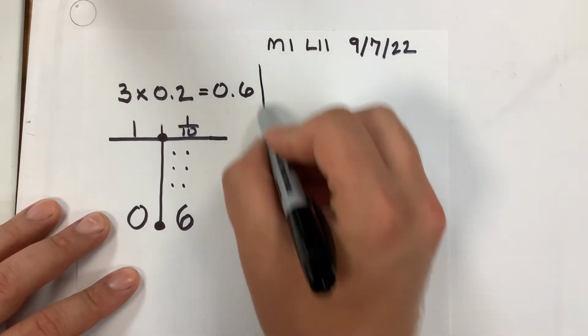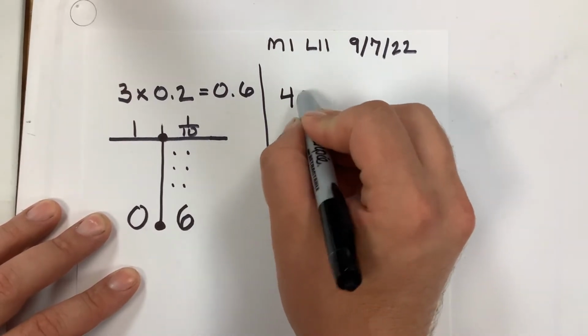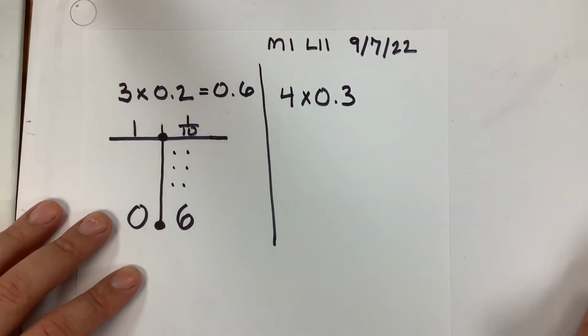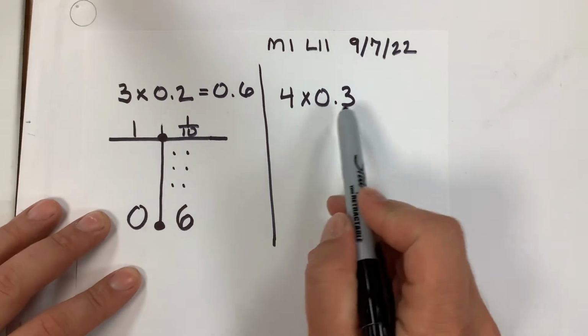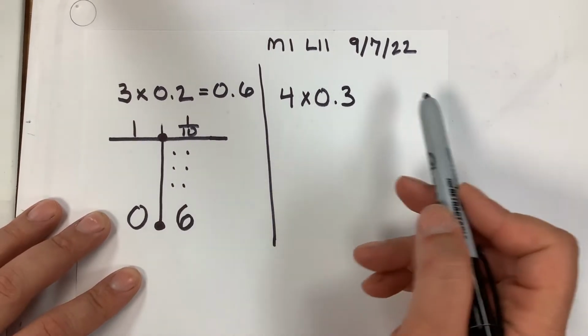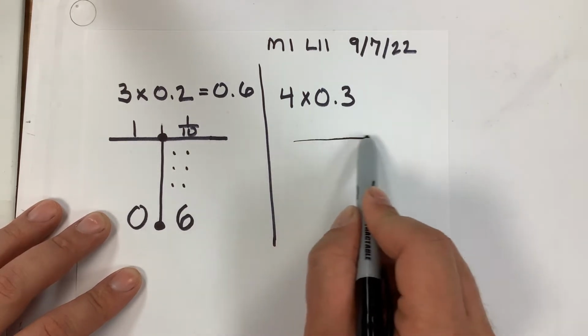Let's look at a different problem. Let's say I have 4 times 3/10. So in this case, I'm going to make my place value chart again. I notice I'm in the tenths place, so I don't need to go any farther than the tenths, but I might need my ones just in case I got to bundle.